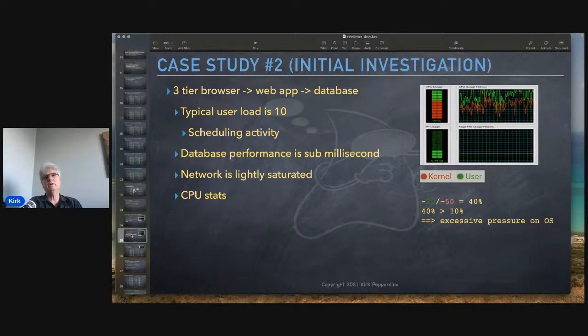As soon as you start getting above 10%, in most cases, that's going to be an issue, simply because you're putting excessive pressure on the OS, and we have to think about what the OS is there to do for us. Well, one of the things it's there to do for us is to manage non-shareable resources. The key phrase in there is non-shareable.